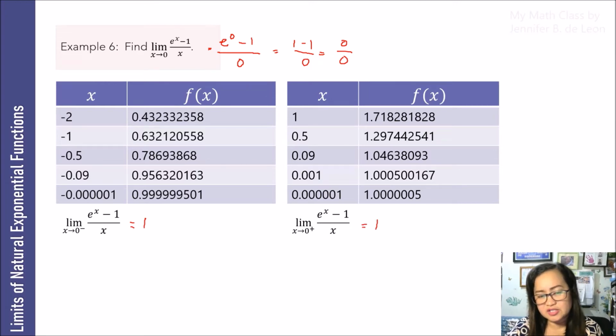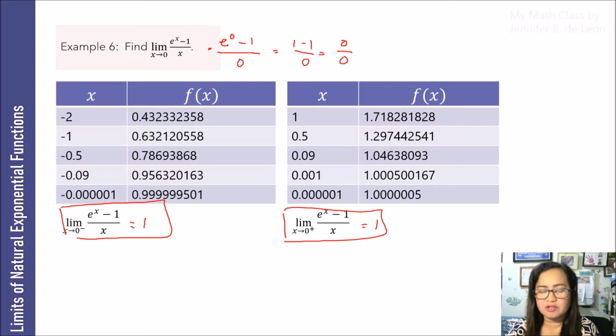Now since these two are equal, we can confidently conclude that the limit of e raised to x minus 1 all over x as x approaches 0 is equal to 1.